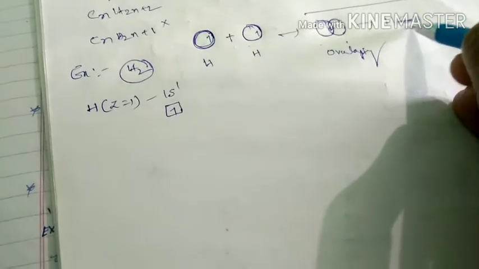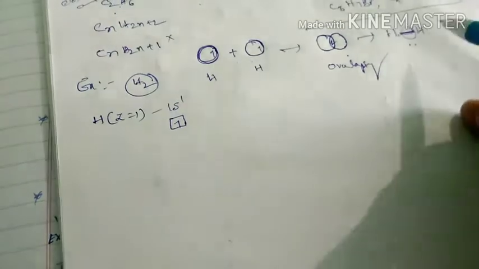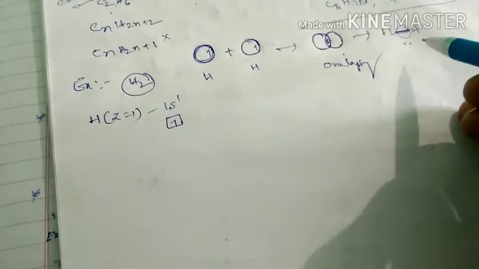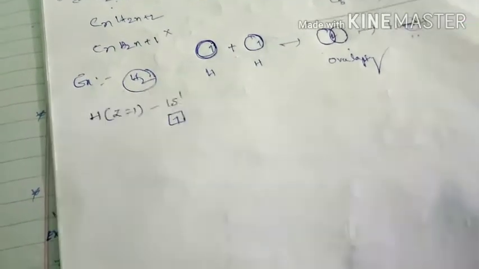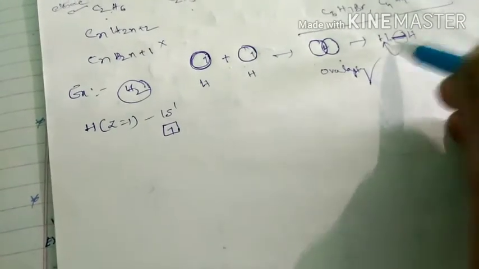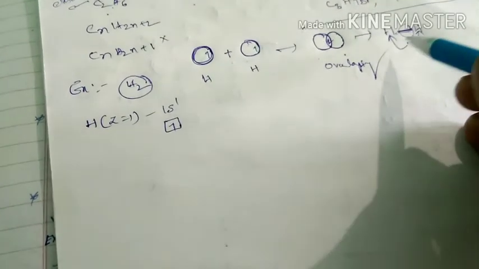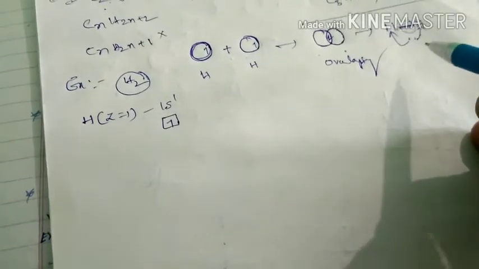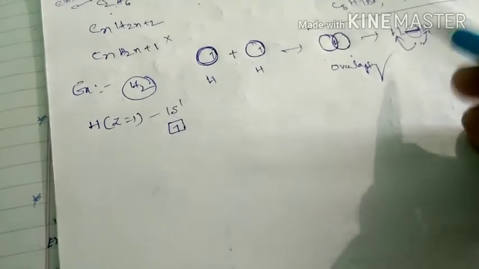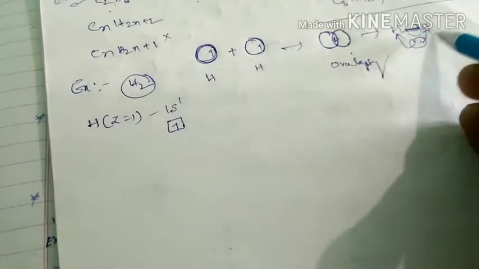Now this bond contains how many electrons? Two electrons. Wherever a covalent bond is present, that bond contains two electrons. Before forming the bond, this electron belongs to this atom, and this electron belongs to this atom. But after forming the covalent bond, these two electrons belong to either atom.